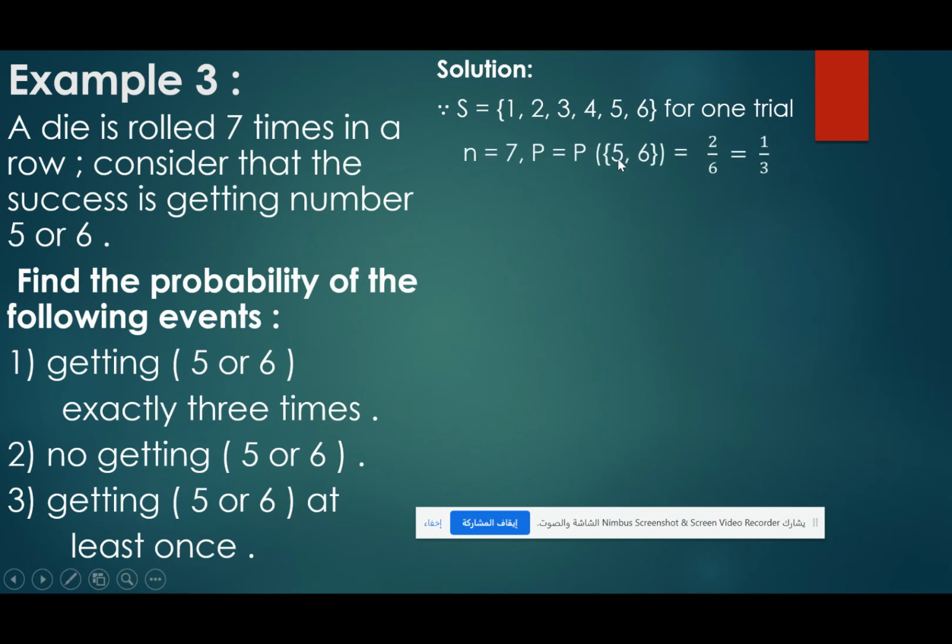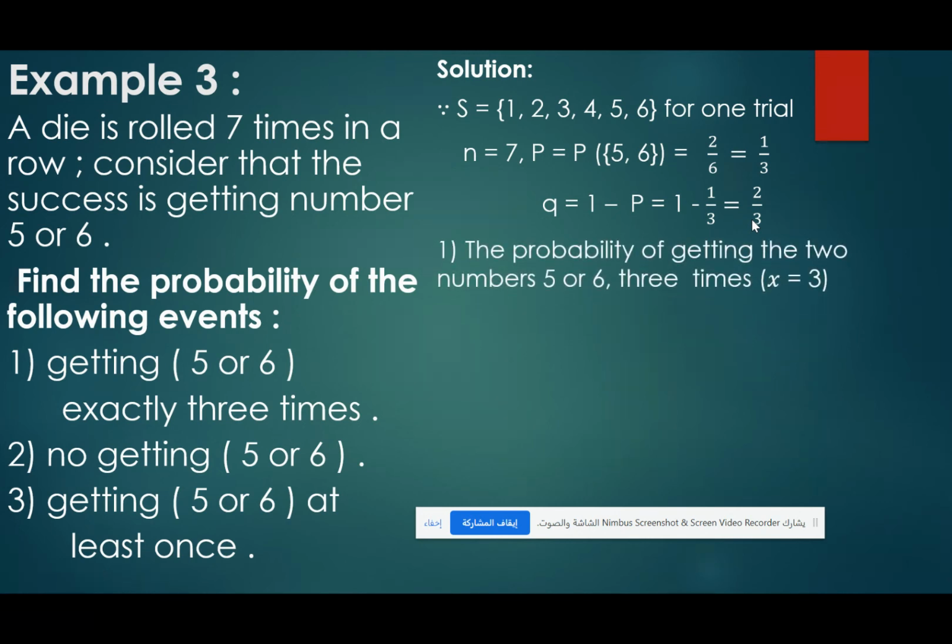P is getting 2 outcomes from these, that will make it 2 out of 6, which equals, after canceling, 1 over 3. Now this is p. To get q, you have to do the complement of that by using the rule 1 minus p, which is 1 minus 1 over 3, which is 2 over 3, after equalizing the denominator. In number 1, he is asking about the probability of getting the two numbers 5 or 6, 3 times.